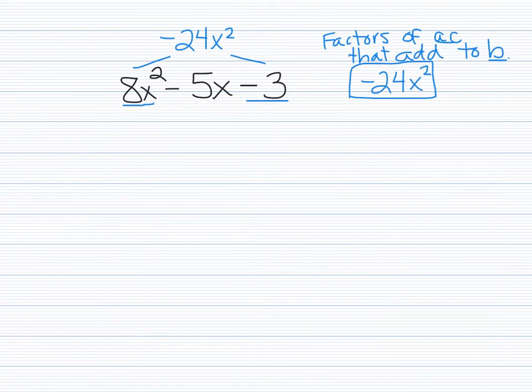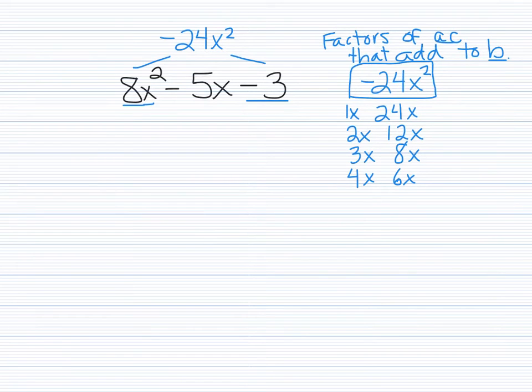Okay, so notice this is negative. So we're going to have a positive and a negative factor. So I'm just going to write the factor pairs first. So 1x and 24x. We could have 2x and 12x, 3x and 8x, 4x and 6x.